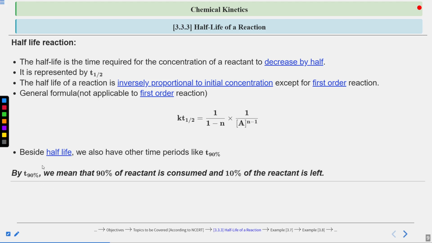So by T90%, we mean that 90% of the reactant is consumed and 10% of the reactant is left. And the time the concentration of the reactant takes to decrease by 90%, that time we call T90%. Okay.